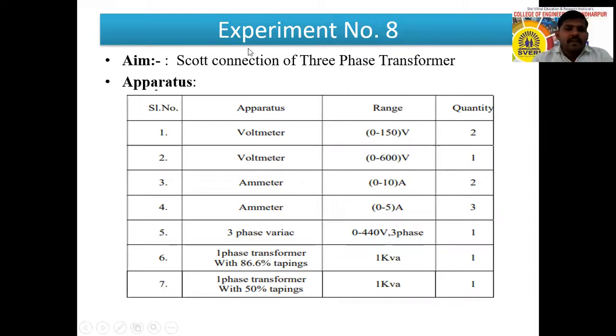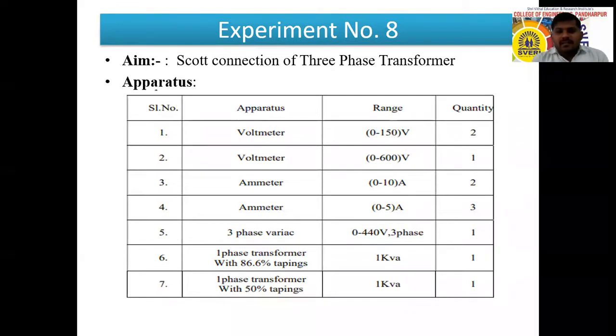For performing this experiment, the apparatus required is a voltmeter to measure the output voltage, that is, the secondary side voltage of these two single-phase transformers, two quantity of voltmeter.